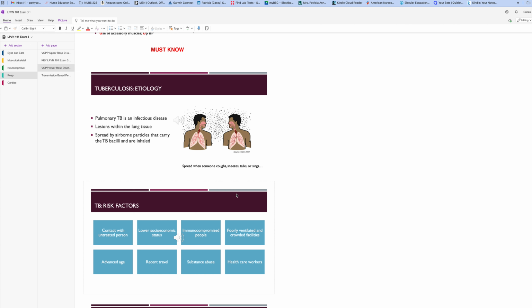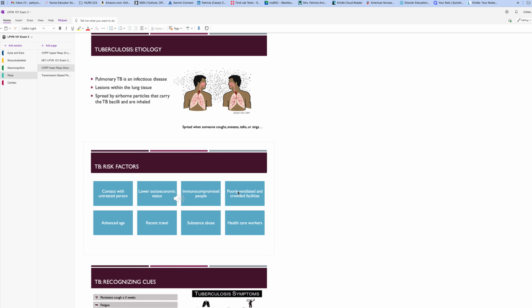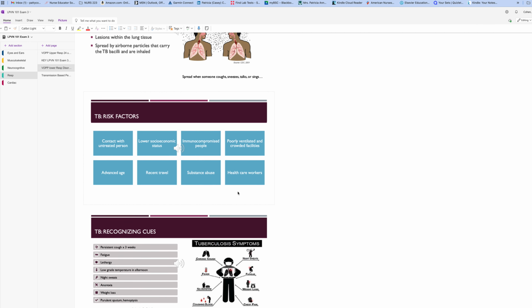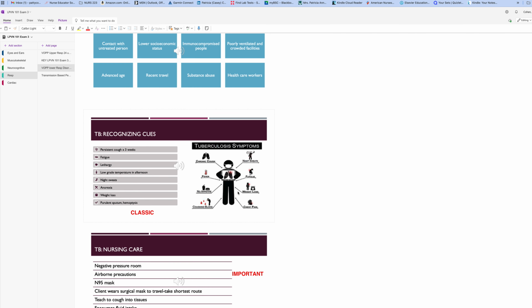Risk factors: contact with an untreated person, usually people with lower socioeconomic status, immunocompromised people, poorly ventilated and crowded facilities like dorms, prisons, lots of people in one apartment, people of advanced age, people that have traveled to places where TB is prevalent, people that engage in substance abuse, and healthcare workers. Those are the risk factors, okay?